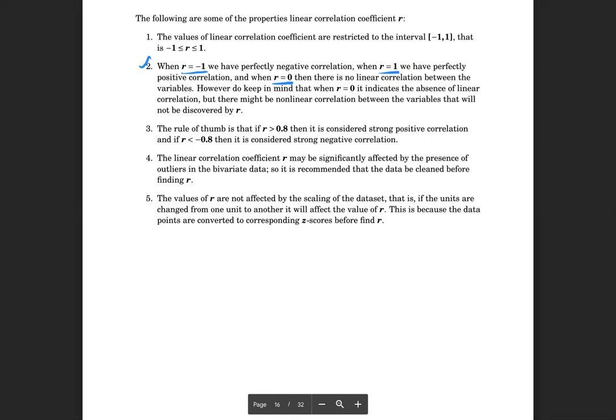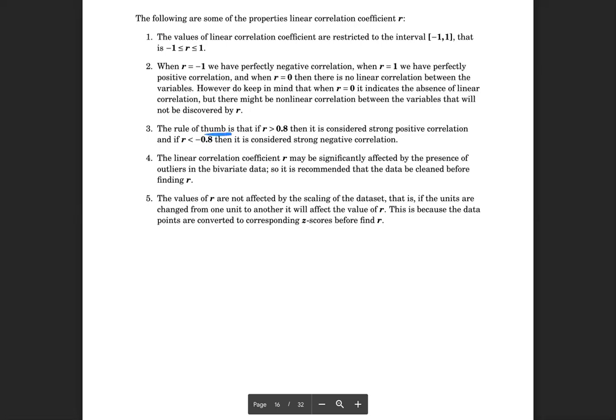Which I talked about actually right here too. R equal to 0 indicates the absence of linear correlation, but there might be non-linear correlation between the variables that will not be discovered by R. R will not find any non-linear correlation. Then there are a couple of rules of thumb.